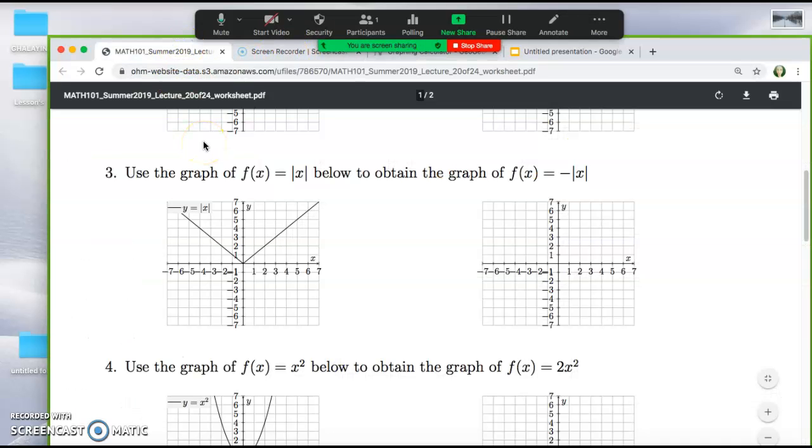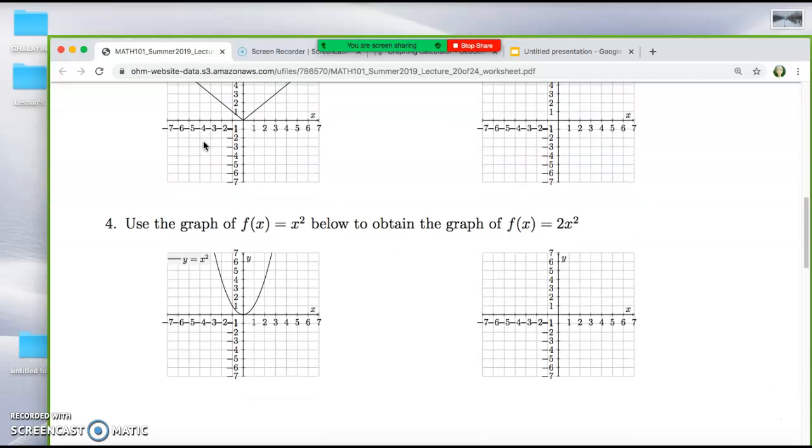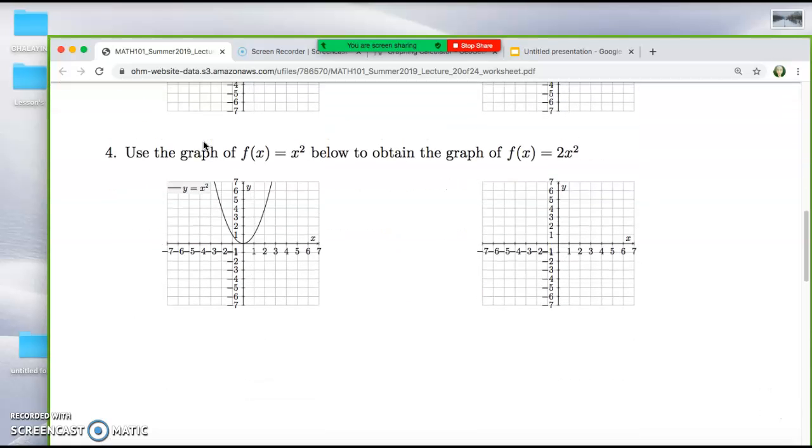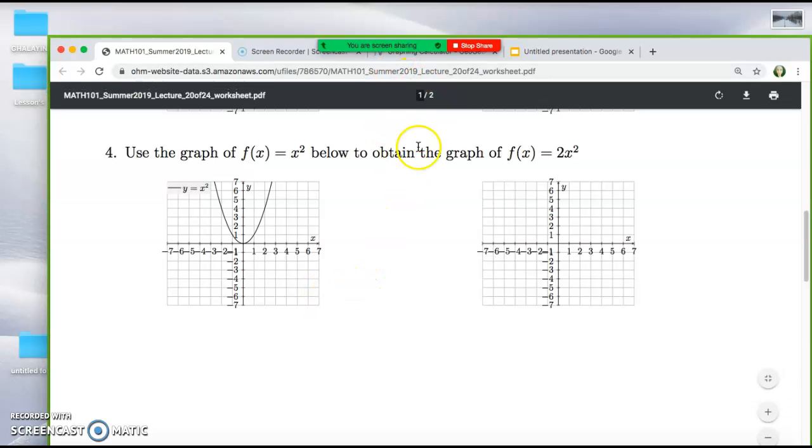Okay, let's go to our last one, number 4. Use the graph of f of x equals x squared, which is our parabola right here, to obtain the graph of f of x equals 2 times x squared. What kind of transformation do we have?